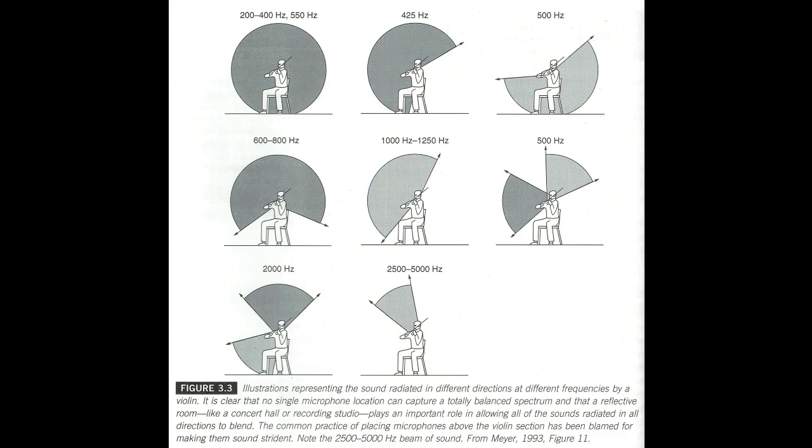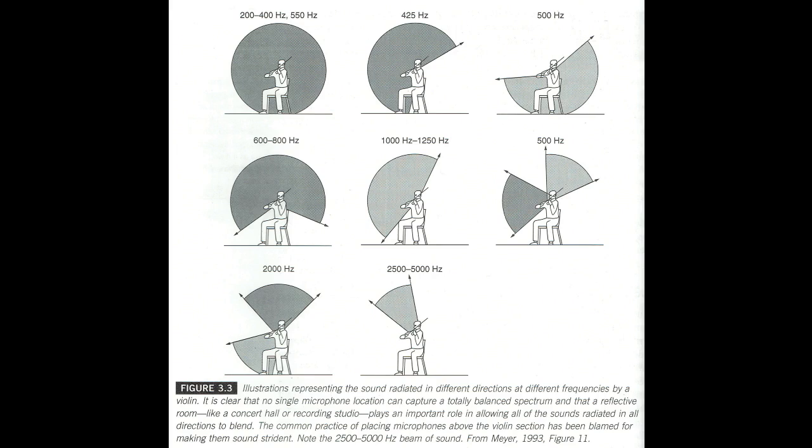So the concept here is that the directivity of a sound-emitting object, whether it's a violin, a loudspeaker or a person talking, is largely determined by the size of the wavelength of the sound being emitted. We talked last time about how once the wavelength of the sound reflecting off the wall to the side of your head becomes the size of your head or smaller, your head actually blocks that sound.